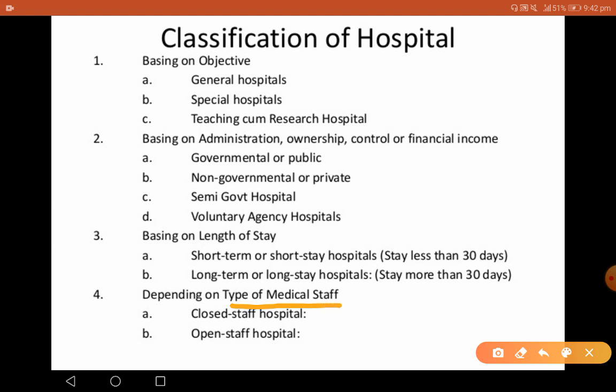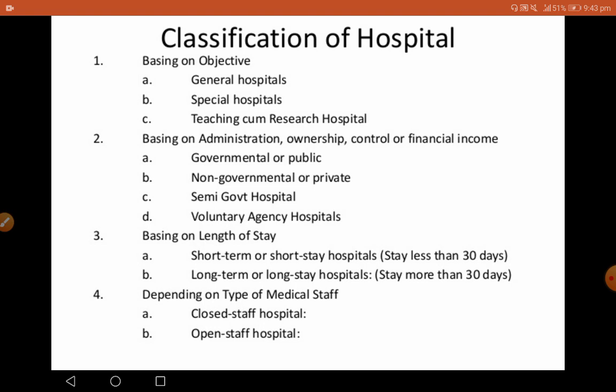When you go to the primary healthcare centers, it will be somewhat like one or two pharmacists and, of course, one doctor. Such preliminary treatment strategies will be followed there. An open staff hospital is more equipped with medical staff as well as equipment.